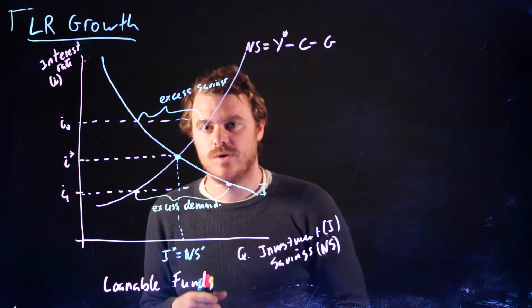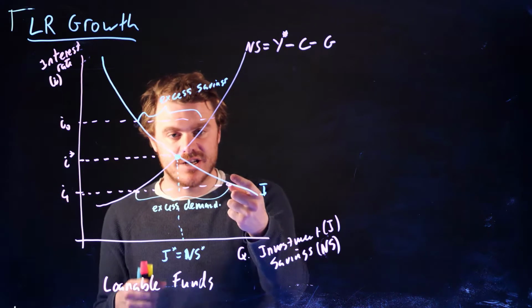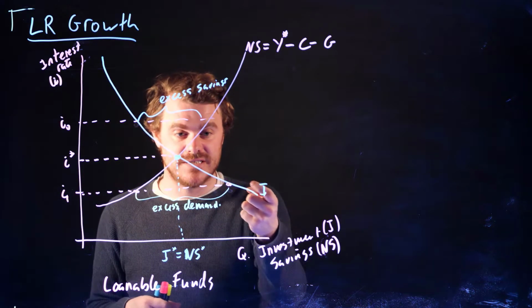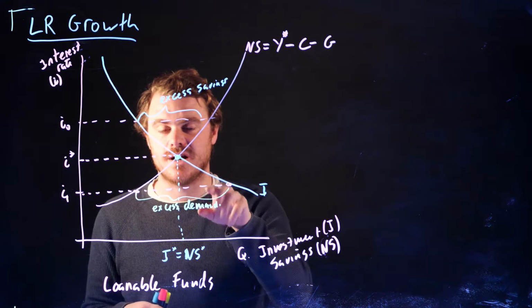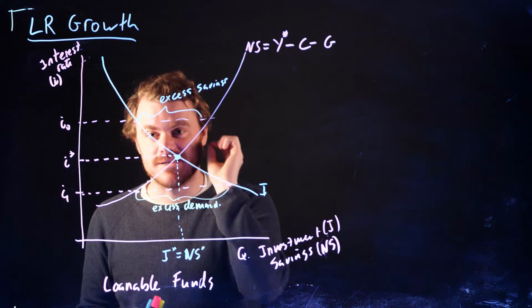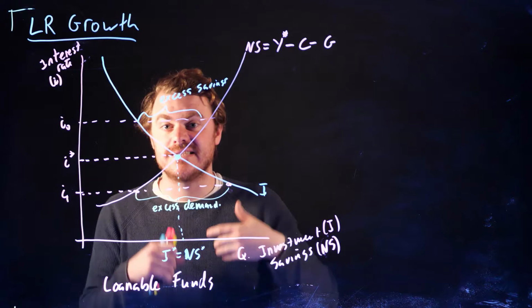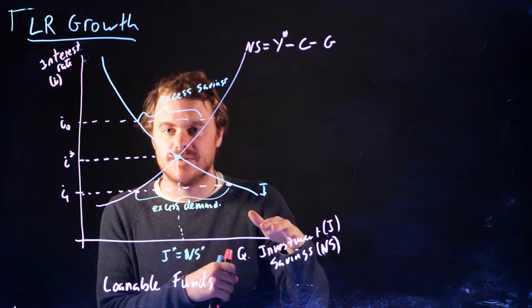And what's going to happen? The interest rate is going to start to go up. That's going to cause the demand in terms of desired investment to go down, and we're going to end up right back at this I star, this equilibrium interest rate that's now determined in our long run by national savings and desired investment.